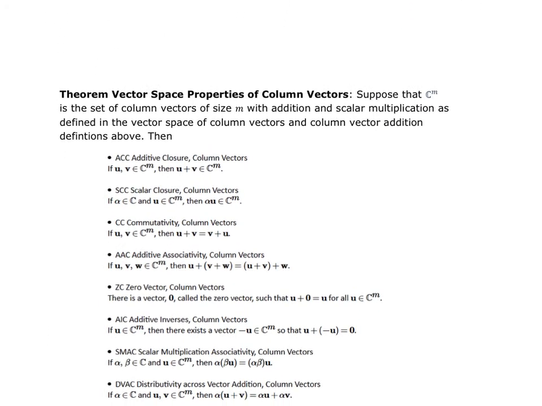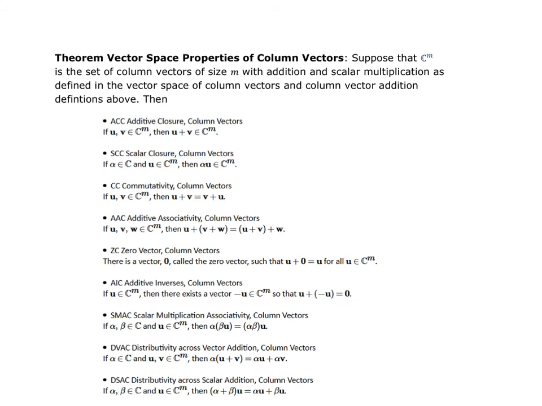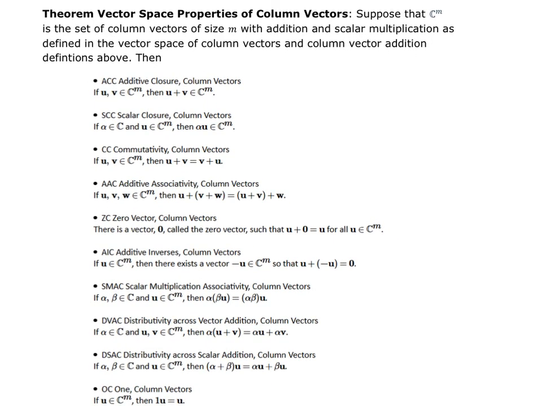Okay, so here is the theorem. It says if I am working with complex, or it could be R2 or R3 or Rn, it is the set of additions and scalar multiplications as defined by this. What this is telling me is that I can add two vectors and my vector will still be within my complex numbers.